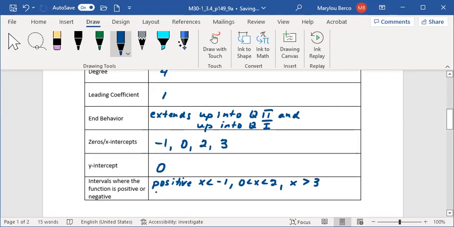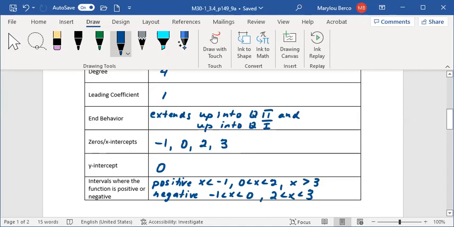The negative values of f of x are in the intervals when x is between negative 1 and 0, and when x is between 2 and 3.